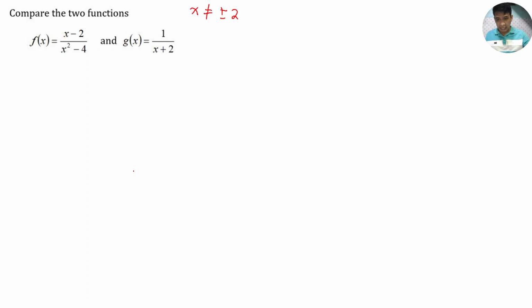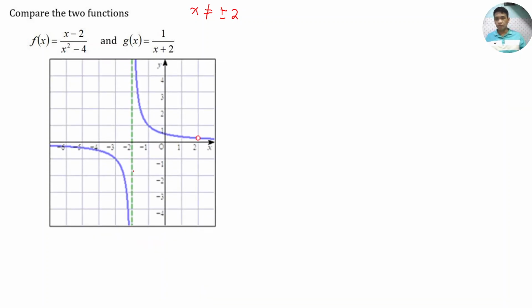So, pag titingnan natin ang graph, at x is equal to negative 2, I have here a dashed line which represents the vertical asymptote, and of course a circle there which represents that x is equal to 2 is not included from this domain. So not defined yung function at x is equal to positive 2.